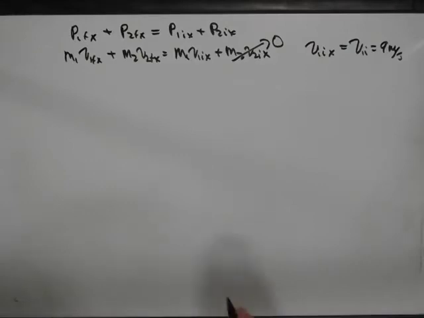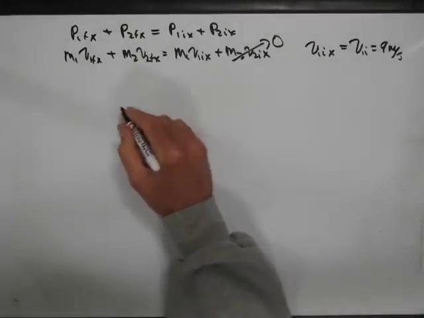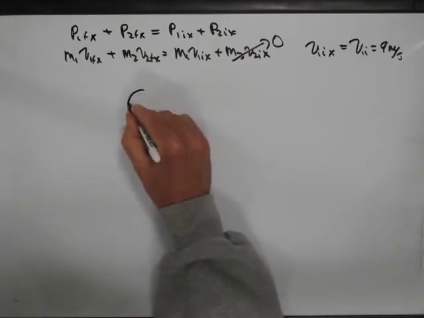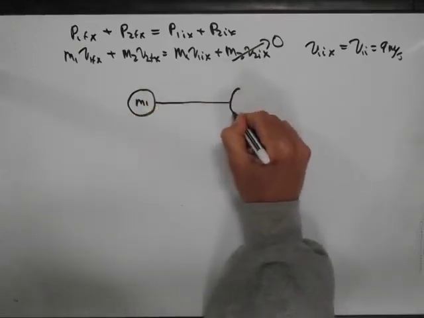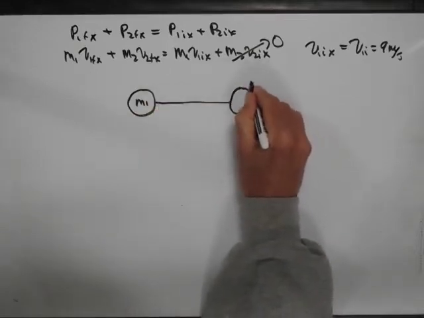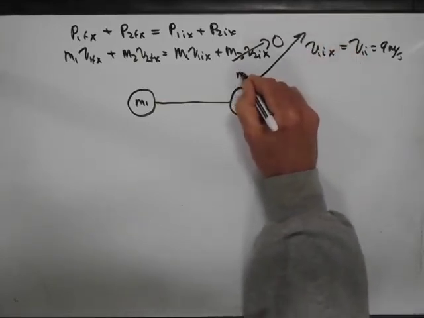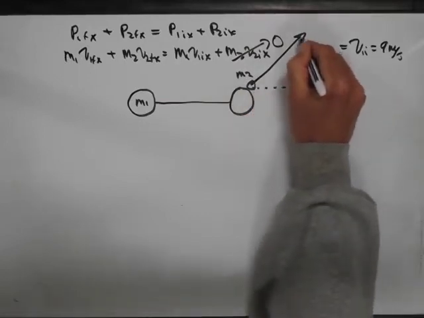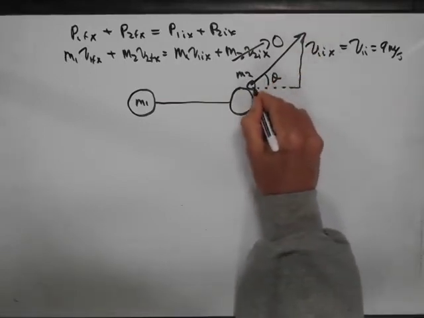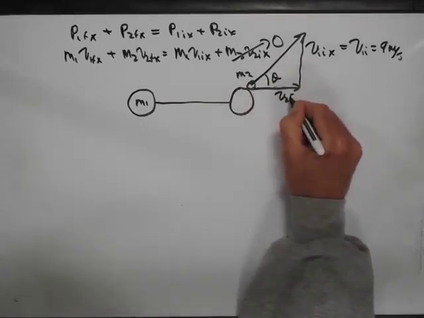Right. And so let me redraw my drawing here. This is M1, goes this way. This is M2. This is theta, and so this is V2 final x.